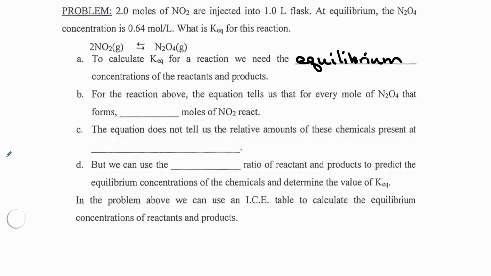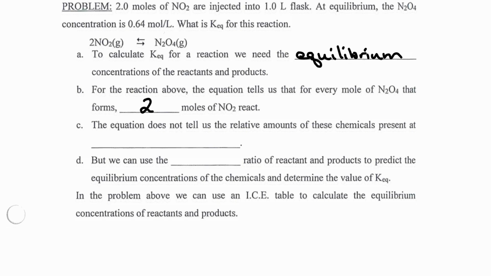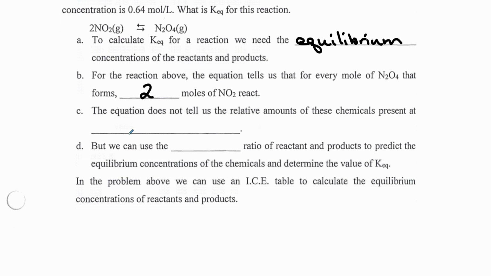Okay, for the reaction above, the equation tells us that for every mole of N2O4 that forms, 2 moles of NO2 react. And I'm getting that simply by looking at the coefficients in the balanced equation. So this mole ratio is going to be something that becomes important when we solve these types of problems. The equation does not tell us the relative amounts of these chemicals present at equilibrium.